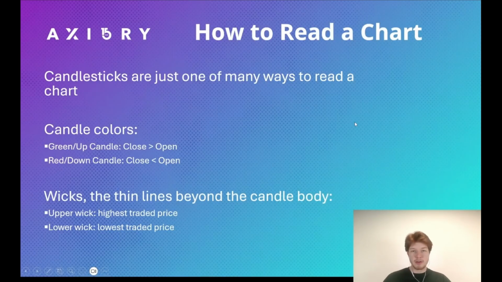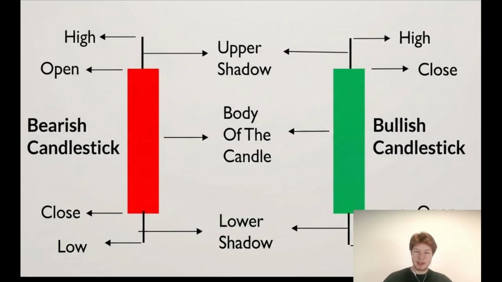Those colors aren't universal because there are many different ways and you can personalize this yourself, but they are the most standard ones. A green candle really just means price went up, or the close was higher than the open. A red candle means as much as price went down. Now we have to specify it more clearly in a candlestick chart than just price went up or down, because we have multiple data points.